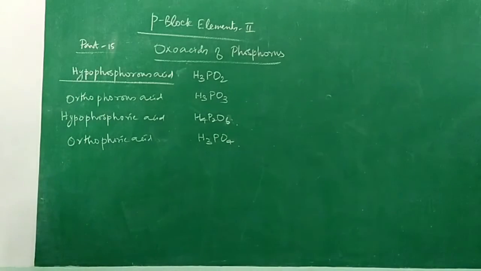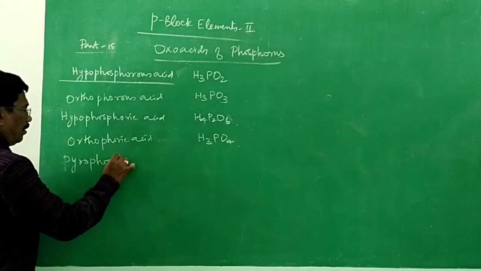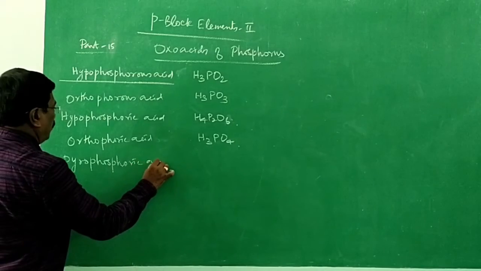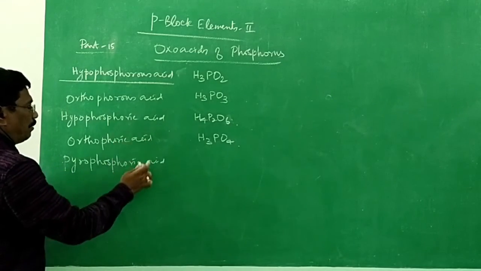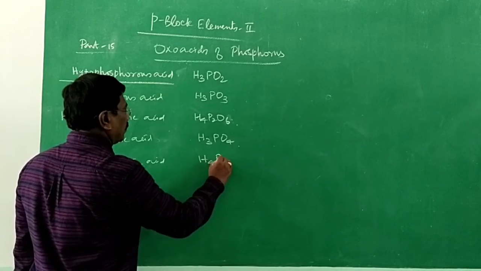Orthophosphoric acid happens to be H3PO4. Then pyrophosphoric acid, H4P2O7.